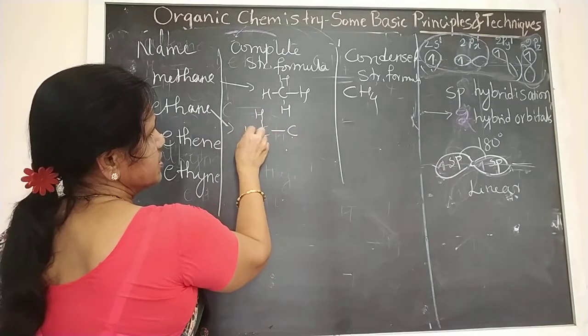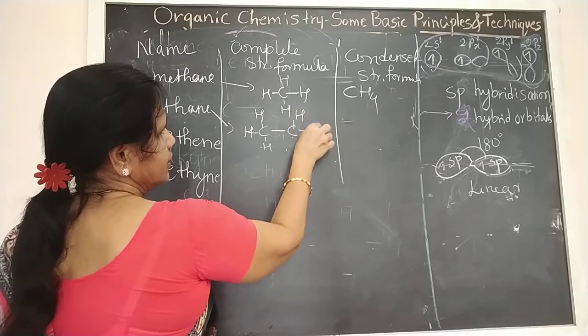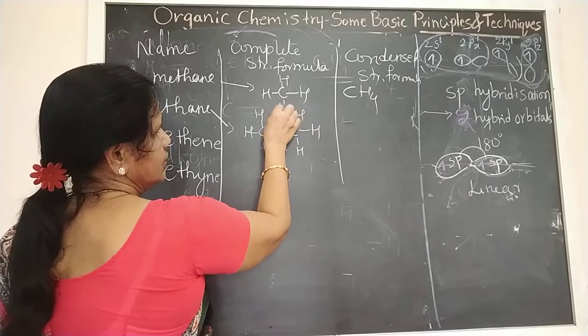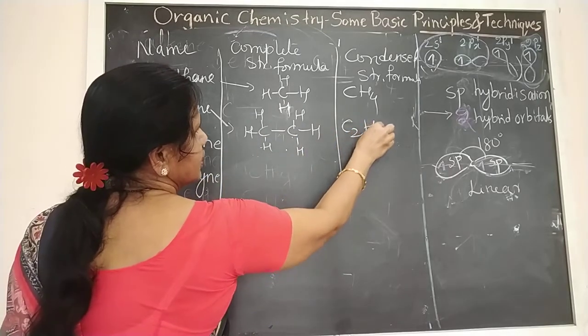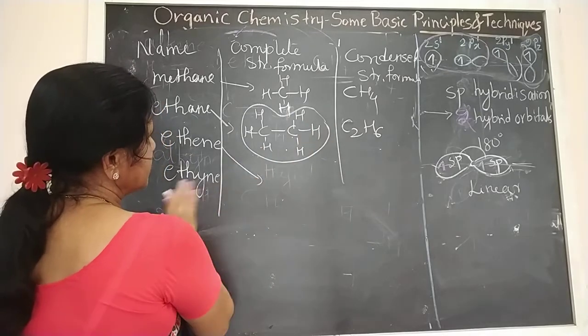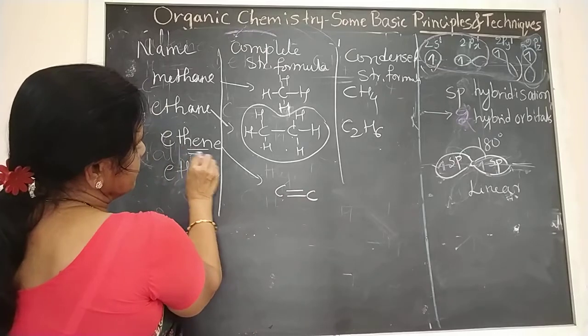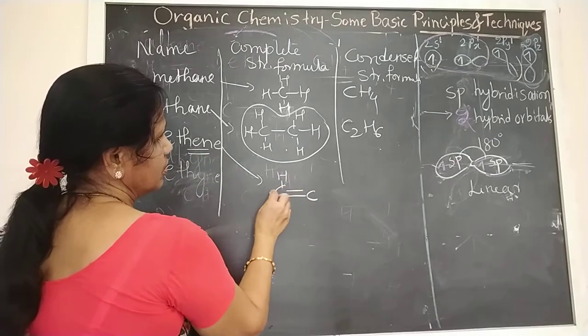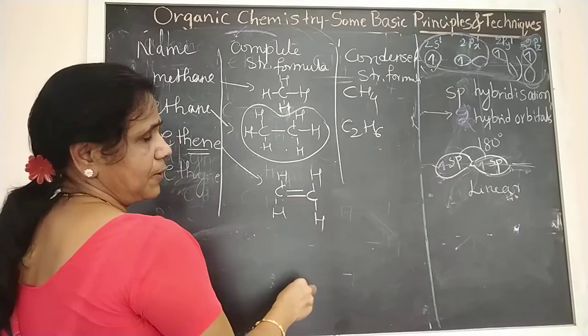Ethane is an alkane, there is no double bond, so all single bonds with H. Then condensed is C2H6. Then ethene, C double bond C with H. This is the complete structural formula.